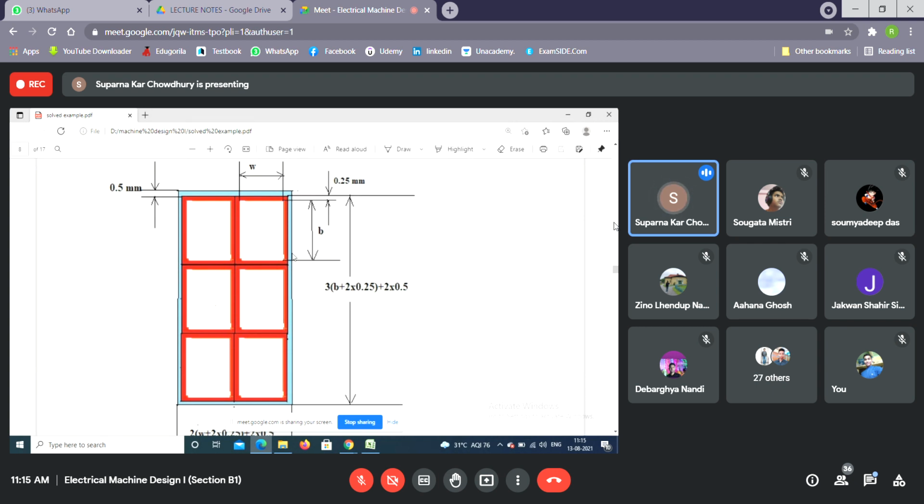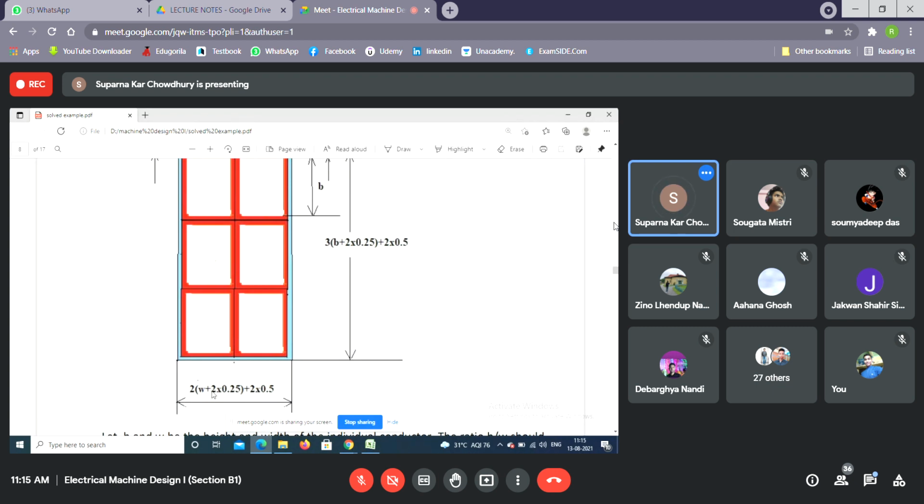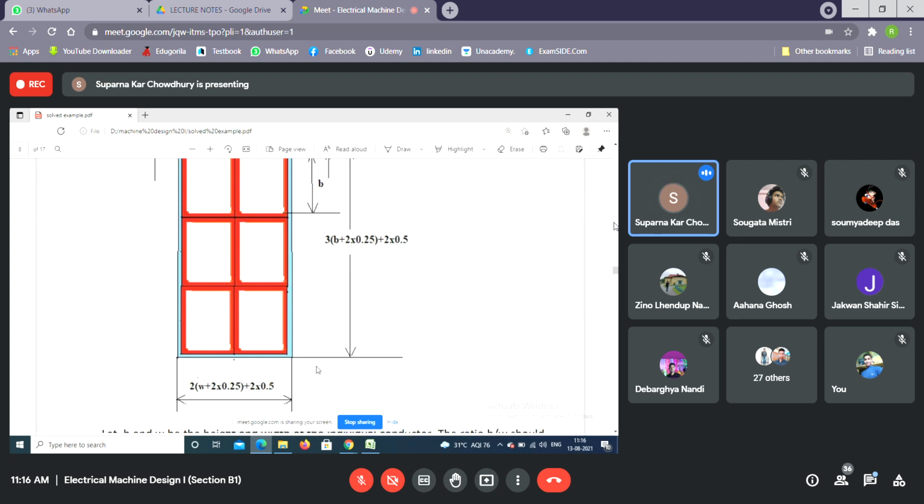So this will be up to this total length. So that is 3 number of these conductors plus 2 into 0.5. This 0.5 is the outer cotton tape. So similarly, for the width, it is W plus 0.25 into 2 plus 2 into 0.5. So that will be the total width of the composite conductor.